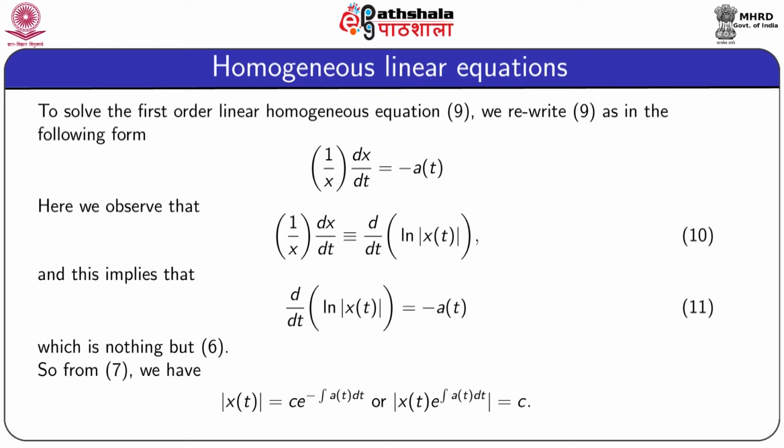This implies d/dt of ln of mod x is equal to minus a(t), which is nothing but what is represented by equation number 6. If we solve this, we will get mod x(t) is equal to c e to the power minus integration a(t) dt, or mod of x e to the power integration a(t) dt is equal to c.